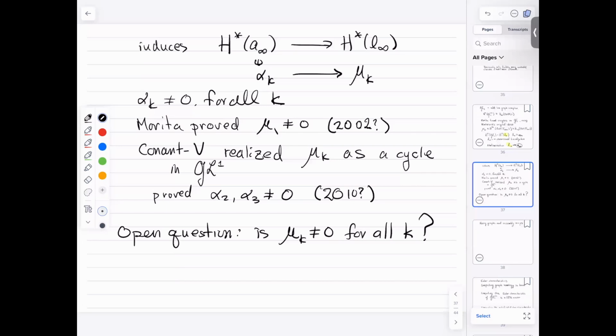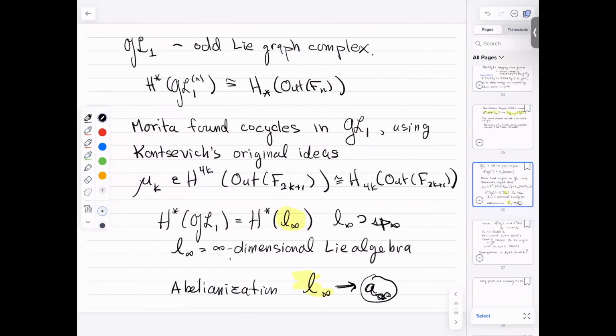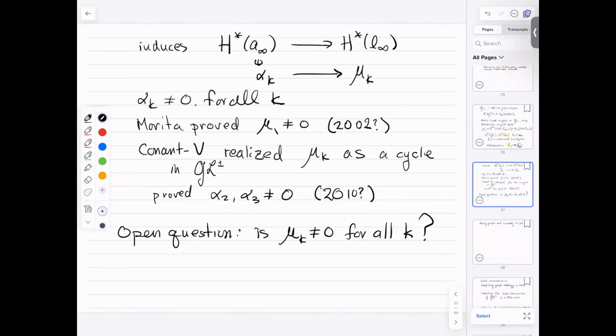Did I say where they are? mu k is in H^{4k} of Out(F_{2k+1}). Now, this group Out(F_{2k+1}) maps to GL_{2k+1}(Z).